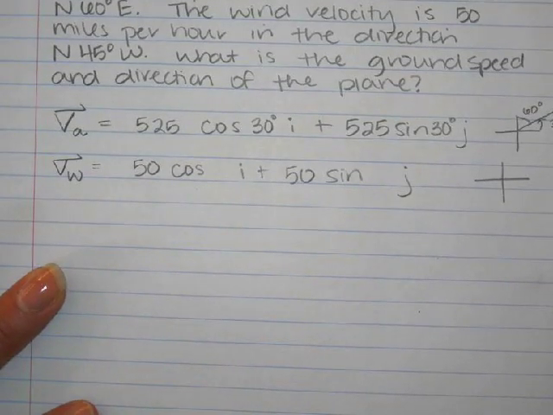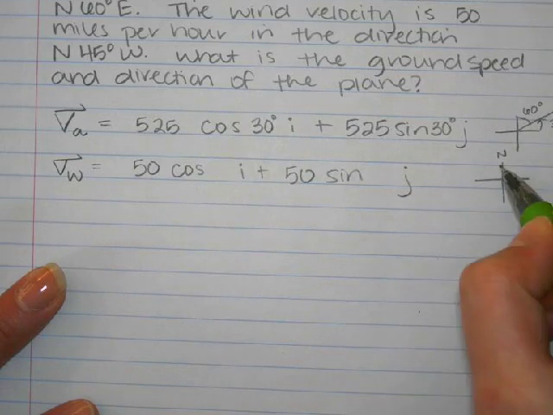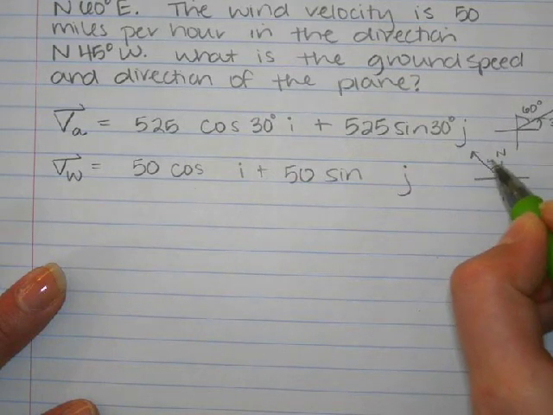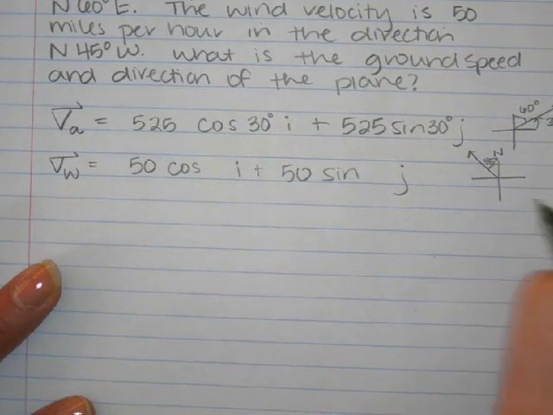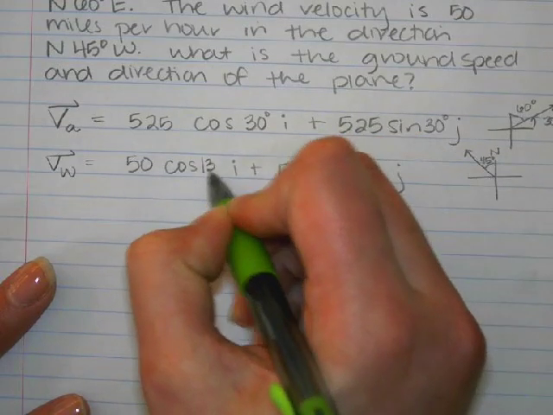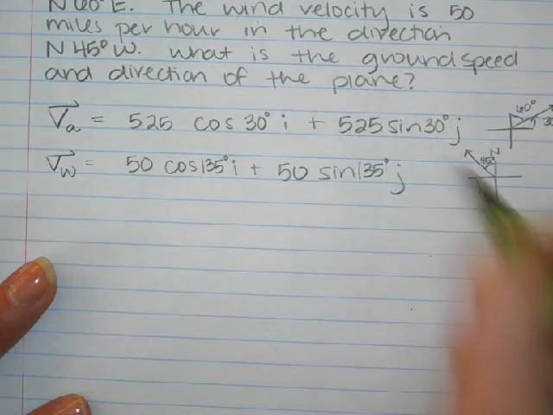This one said north 45 degrees west. So if this is north, then we're going 45 degrees to the west, and the calculator measurement for that would be 135. So 50 cos 135, 50 sine 135.